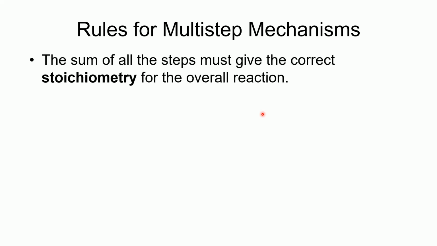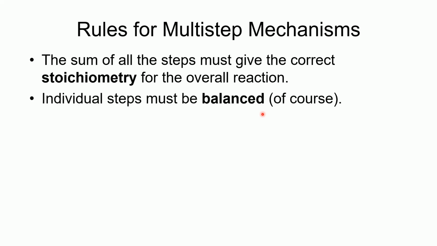The very first thing, and this may seem obvious, is that the sum of all the individual steps in a mechanism has to give the correct stoichiometry for the overall reaction. So when you add the individual steps, it has to add up to the overall reaction. That is an important factor. If that's not true, then your mechanism is invalid.